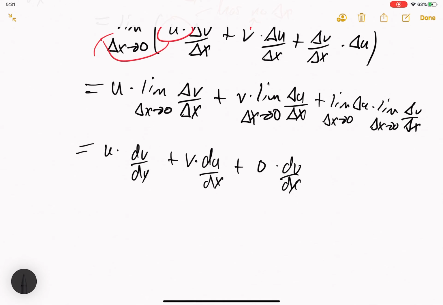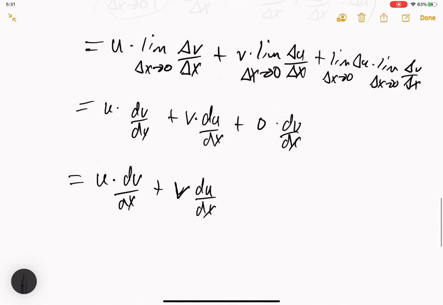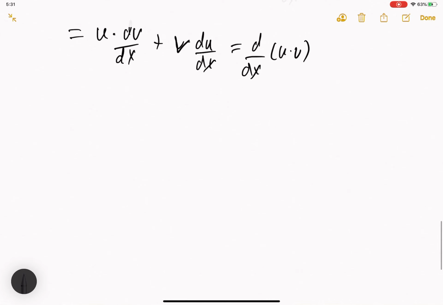But again, this is just 0, so it's just equal to u times dv/dx plus v times du/dx. So remember that this is equal to d/dx of u times v. All right. So now we just found that rule.